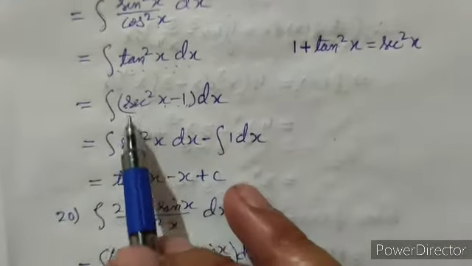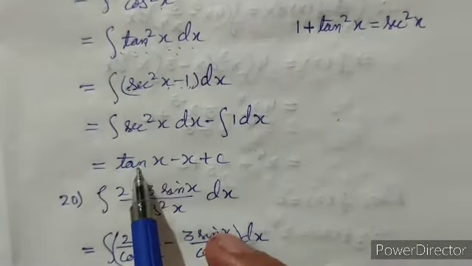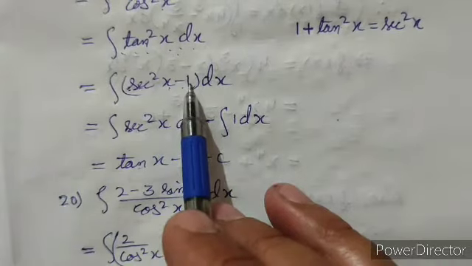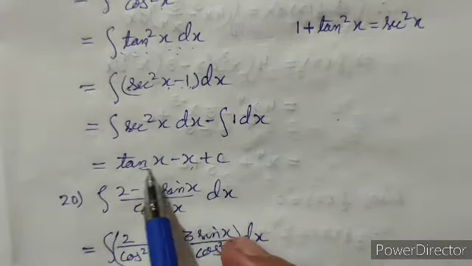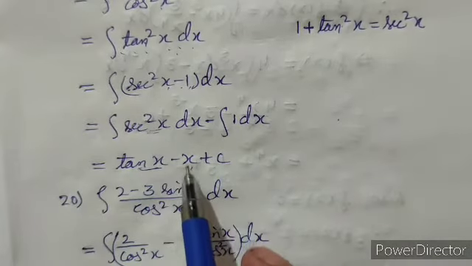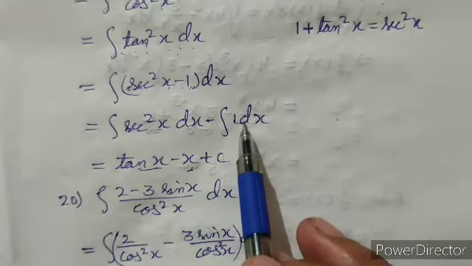Now as integral of sec square x will be equal to tan x, and integral of 1 is equal to x plus c, as derivative of tan x is sec square x and derivative of x is 1.